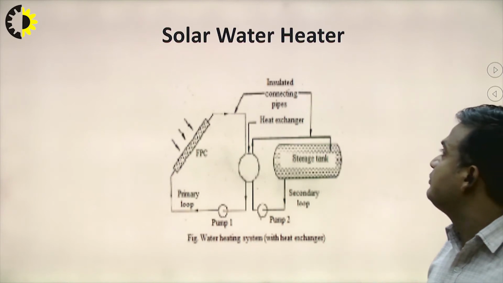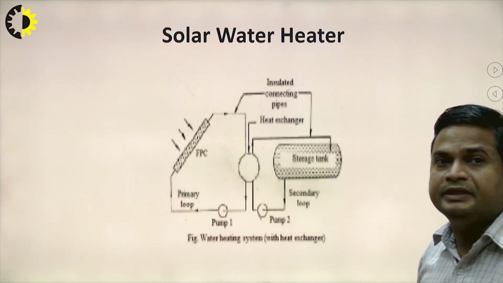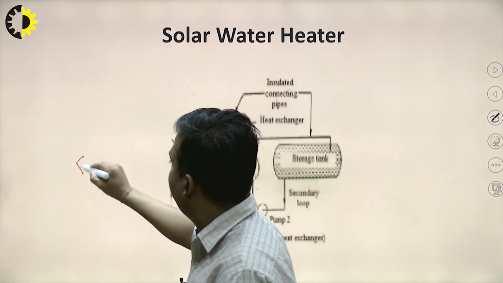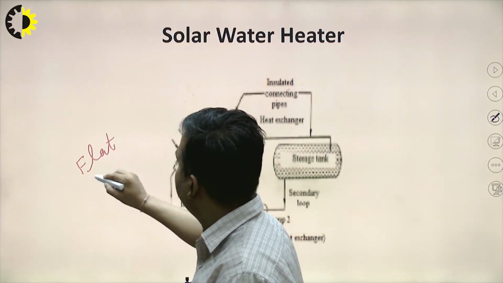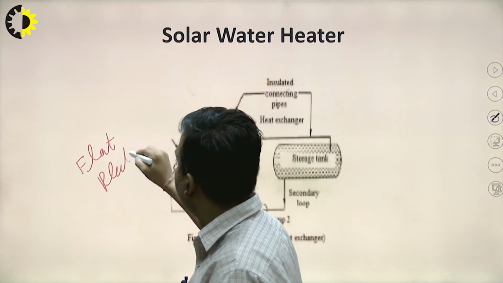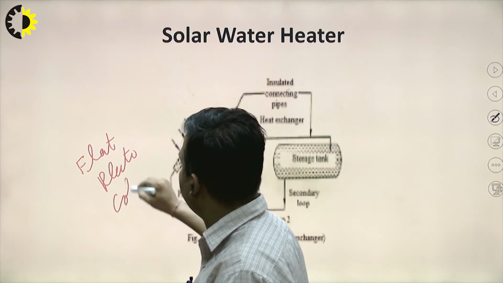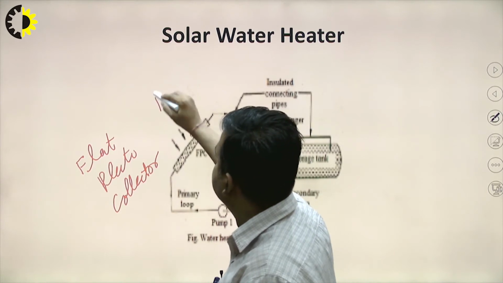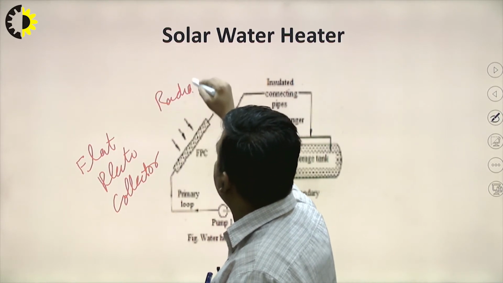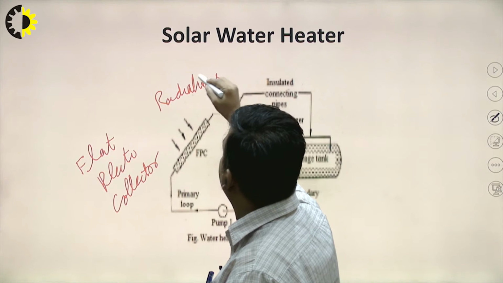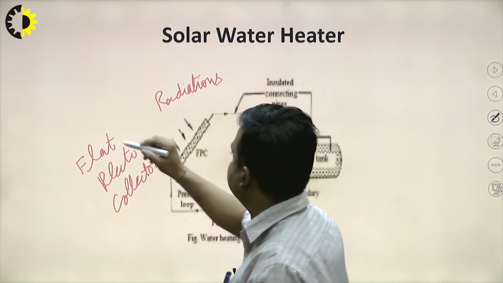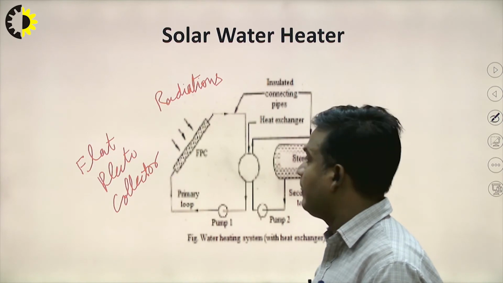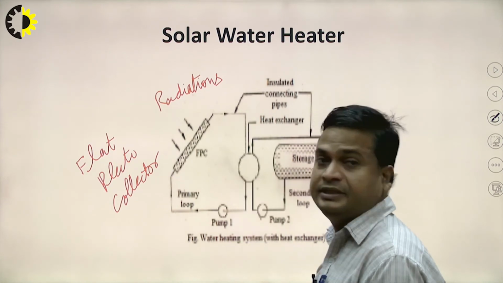This is a diagram of a solar water heater. In this we are using this FPC, means flat plate collector, and these are the radiations. These are coming from the sun, falling on the surface, and they take the energy.